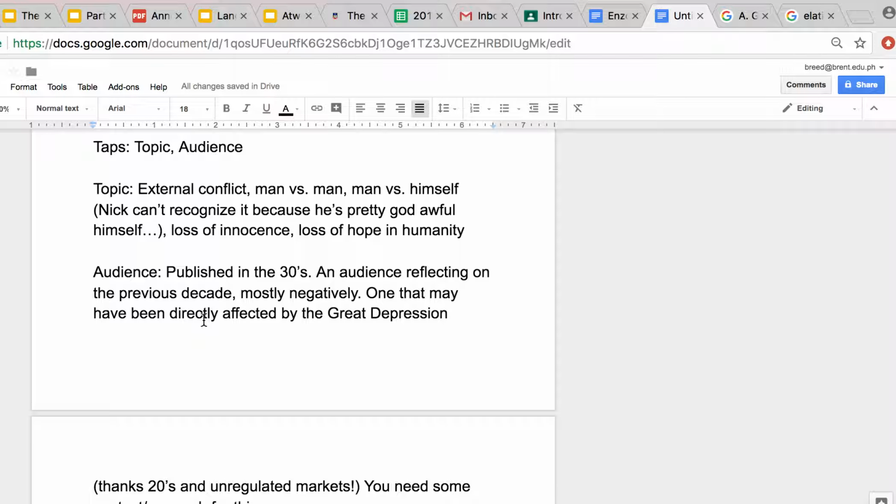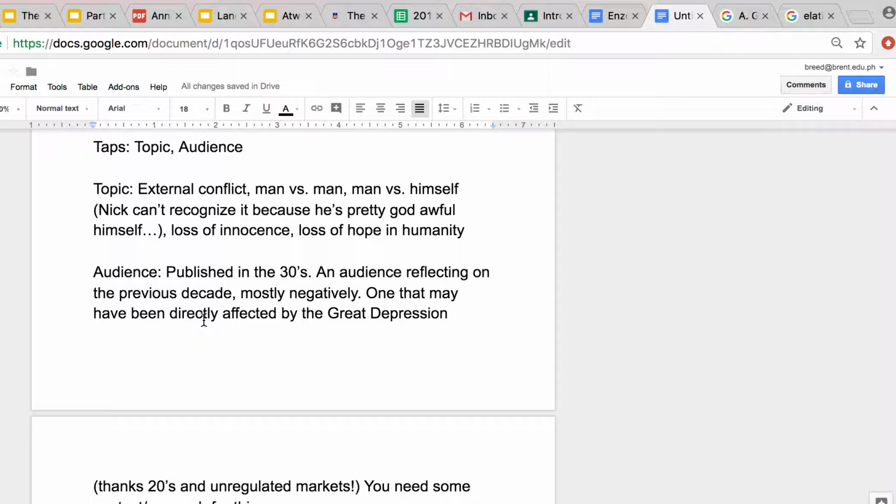Again, maybe it's Nick's own internal feelings. Maybe it's Gatsby's own internal feelings. This constant sense of binary oppositions of appearance versus reality. So Nick can't recognize that he is a pretty god-awful person himself. So that sense of narcissism playing back into this. We have a loss of innocence. We have a loss of hope in humanity as well.